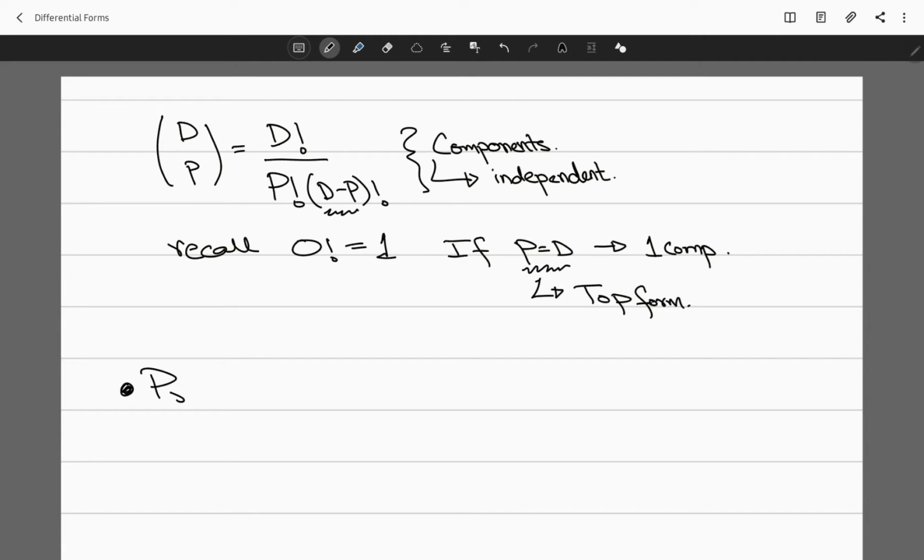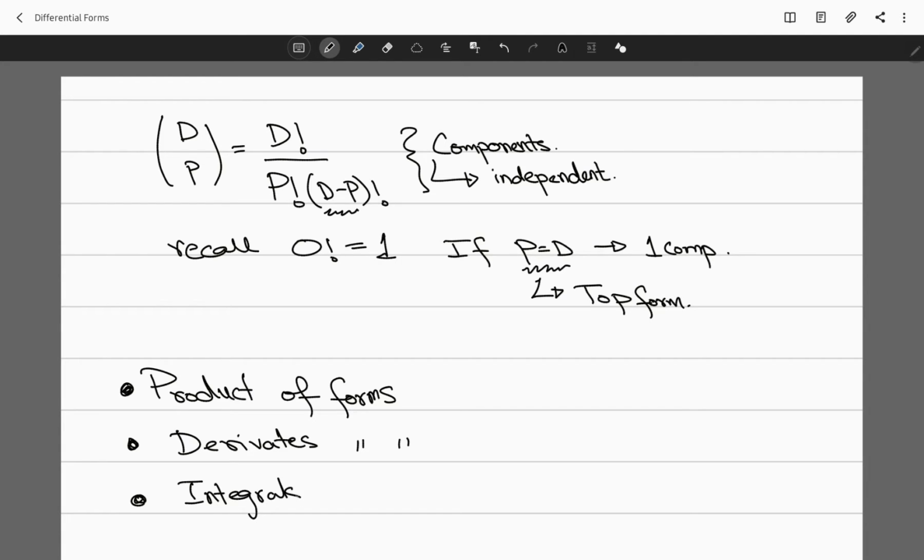So let me write this down over here: products of forms, and we consider derivatives of forms and integrals of forms, right?